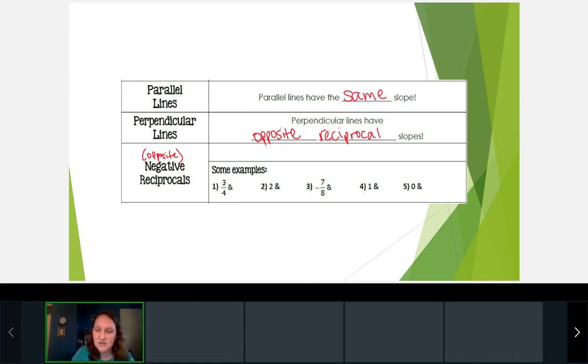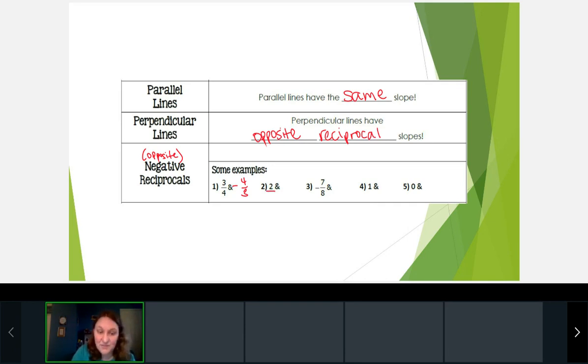3/4 and, well, 3/4 is positive. So the opposite of a positive is negative. And then you're going to take what's in your denominator and numerator and flip-flop them. So the opposite reciprocal of 3/4 is negative 4/3. If you're given a whole number, remember every whole number does have a denominator.